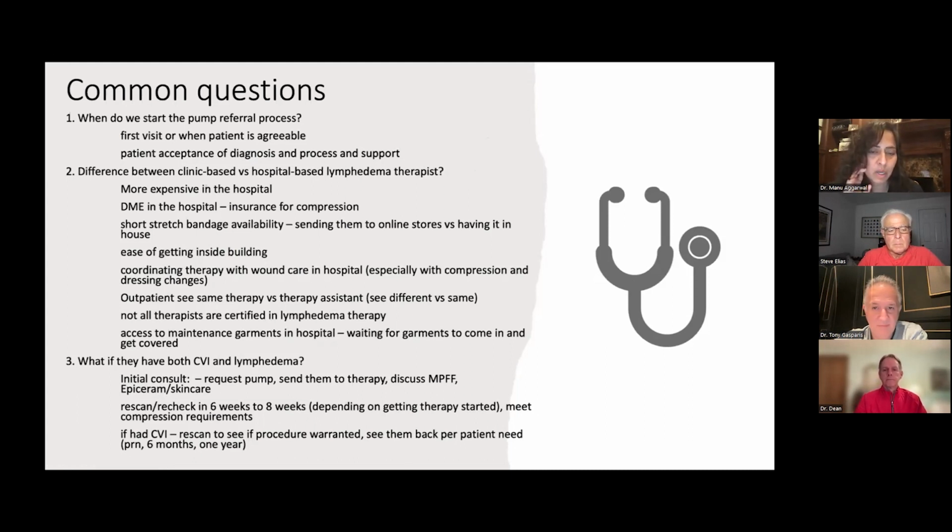Oftentimes some of these programs may not have all of their therapists certified in doing lymphedema therapy, or they're using kind of an assistant, if you will. And like I said, we are evaluating these patients regularly to make sure we're not missing anything from a venous and a lymphatic standpoint.